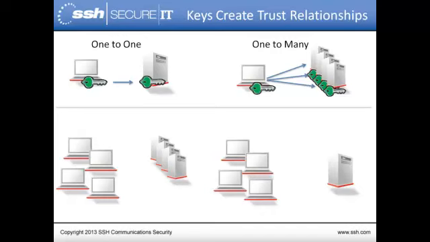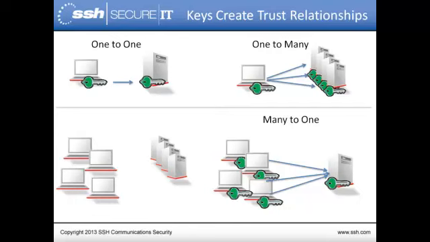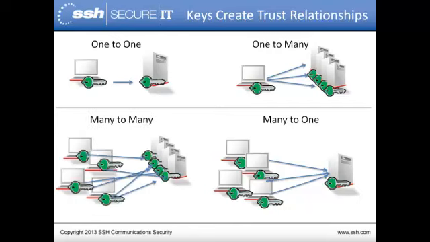And then you have the many-to-one, where you may have multiple administrators who have access to a given particular server. And so in this instance, that would indicate there are multiple copies of the private key with the authorized public key on one server, and then the many-to-many authorizations.